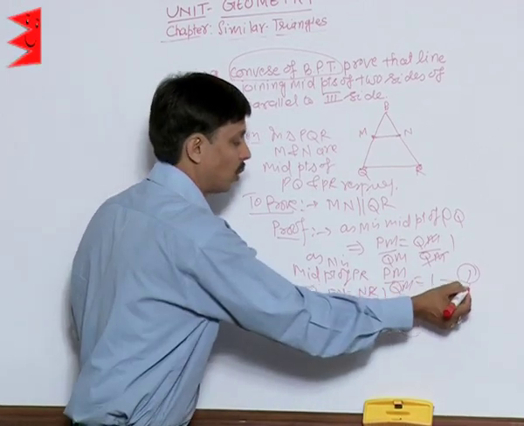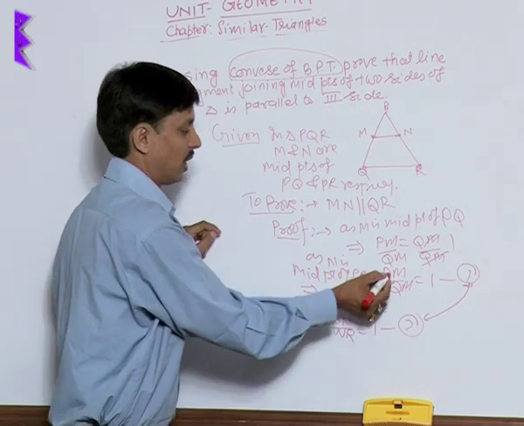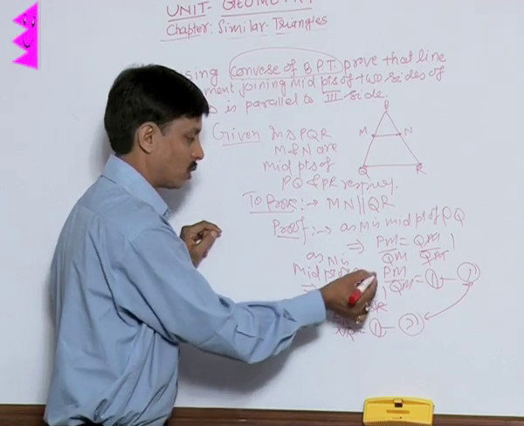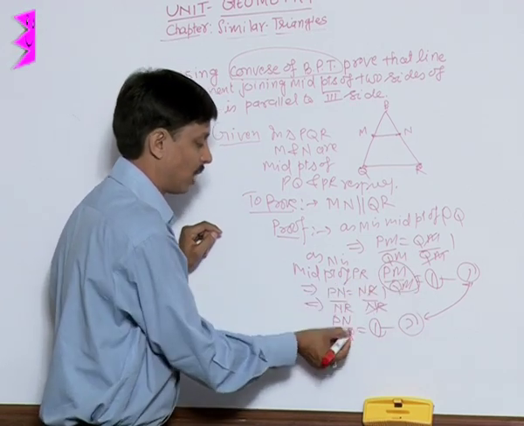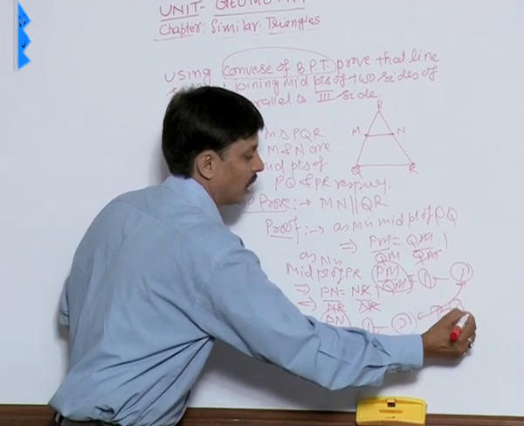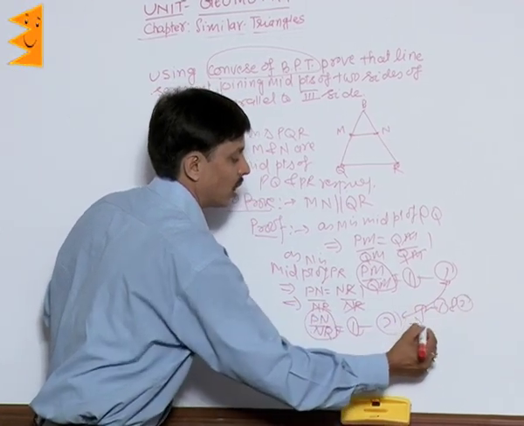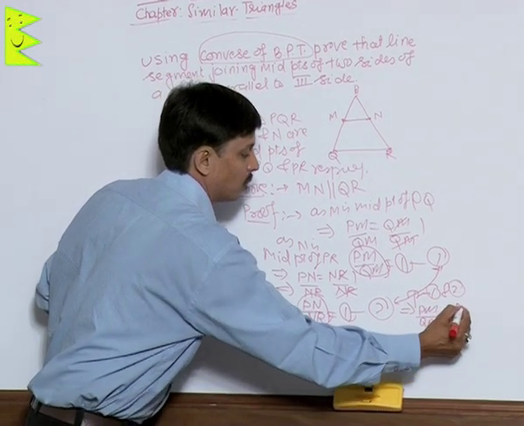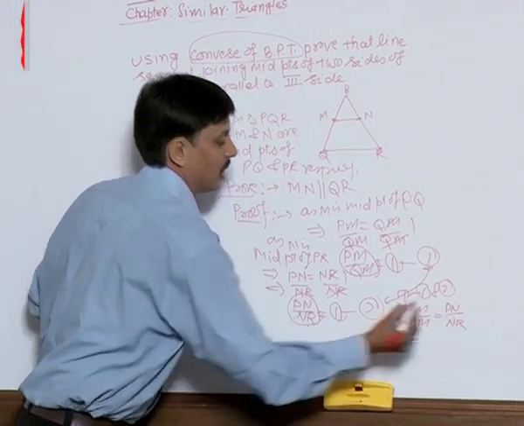So if I conclude from these two equations, PM upon QM is 1 and PN upon NR is 1. So what can we say? From 1 and 2, we conclude that PM upon QM is equal to PN upon NR.